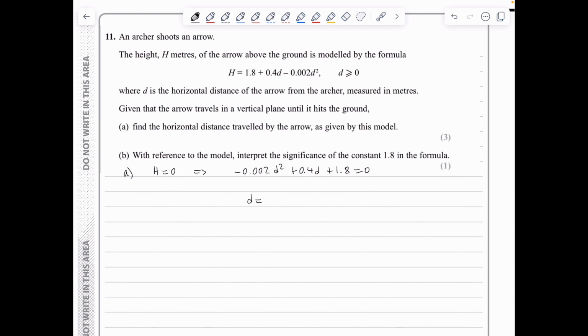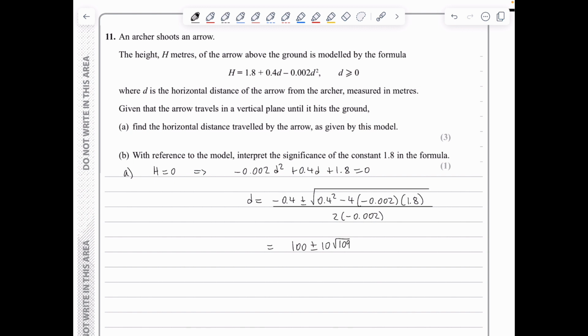So d is minus b plus minus the square root of b squared minus 4 times a times c, all over 2 times a, so 2 times the negative 0.002. This gives answers of 100 plus minus 10 times root 109.